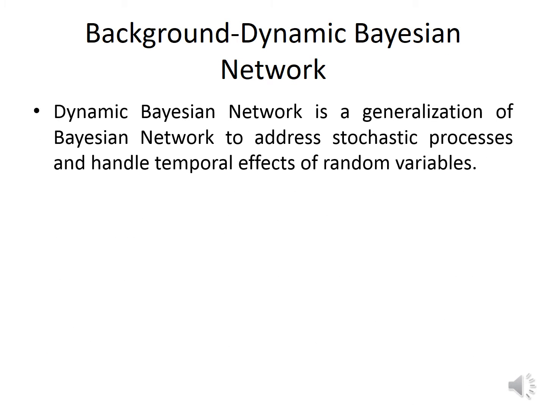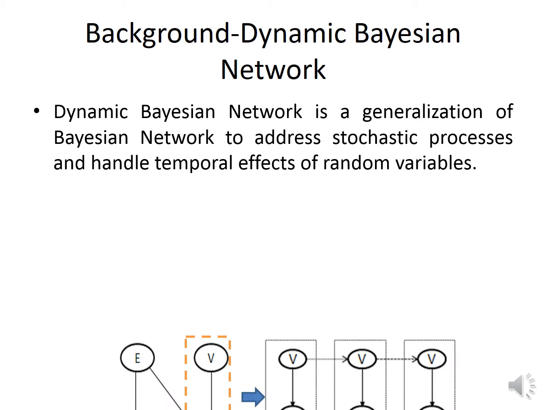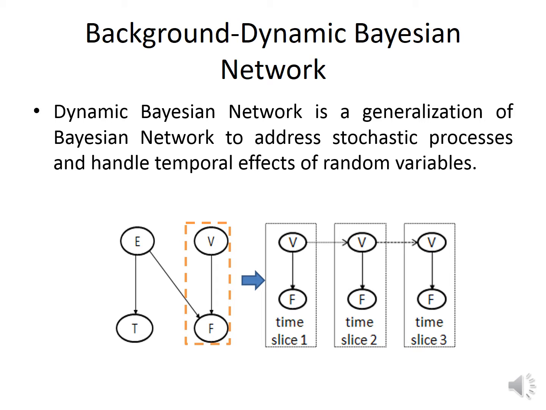Then what is a dynamic Bayesian network? A dynamic Bayesian network is a generalization of the Bayesian network to address stochastic processes and handle temporal effects of random variables. This is the earthquake, this is the volcano, and this is the fire. When the volcano happens, it is highly probable that fire will happen.